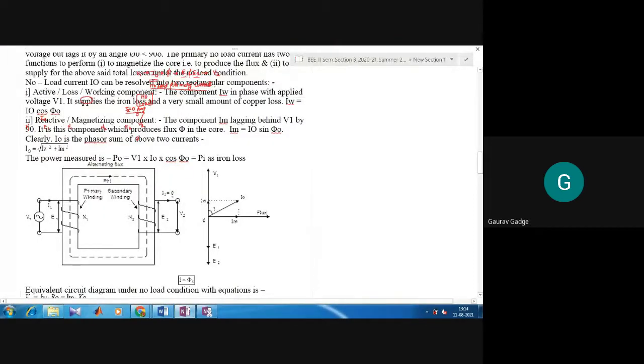In that case, this transformer is referred to as a no load transformer. Now, if on the secondary side there is no load, how much current will pass through the secondary side? Secondary side current is represented as I2. If there is no load connected, the secondary current is equal to 0.